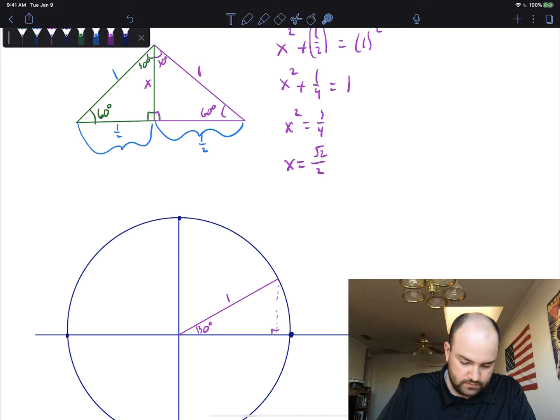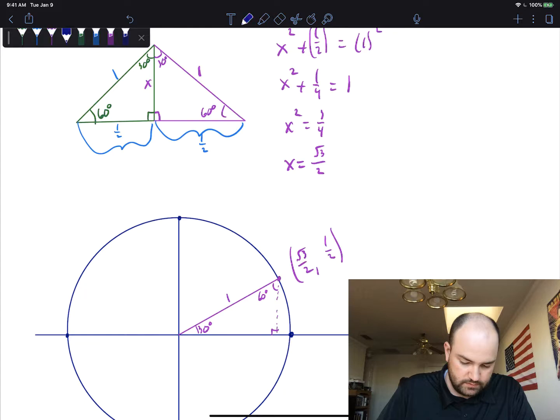We have the 30 degrees. Notice I want to know this right here and that right there would then be this corresponding side, because if this is 30, that's the right angle, that's the 60 degrees right there. And notice there's the 60 degrees, so this y value here is 1/2. So there. And we need to know, what is this distance here? Well, this distance here is this distance here, which would be the x value of square root of 3 over 2. And there you go. That would be that coordinate.